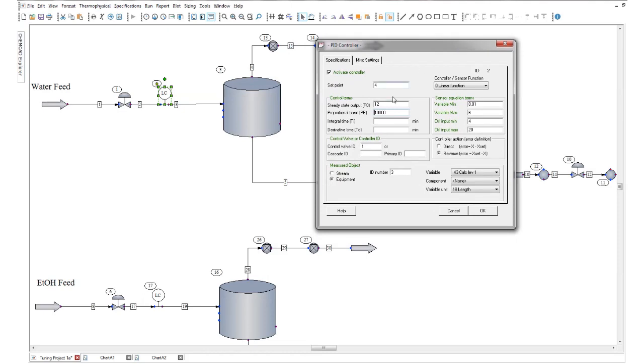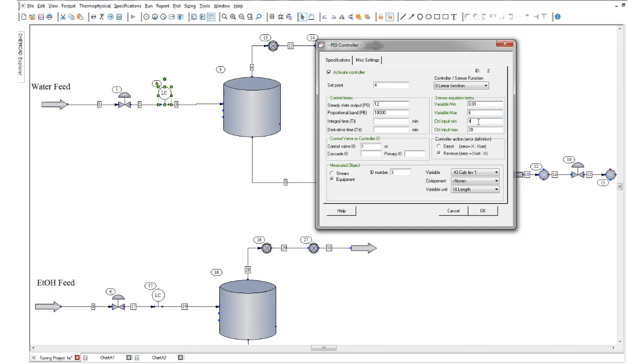We have a set point that we want to maintain the level at. In this case, I want that set point to be at 4 meters. I tell it that the minimum and maximum for my tank, in this case, the minimum value of the level will be 0.01 meters, and the maximum value it can be is the full height of that tank, which is 6 meters.